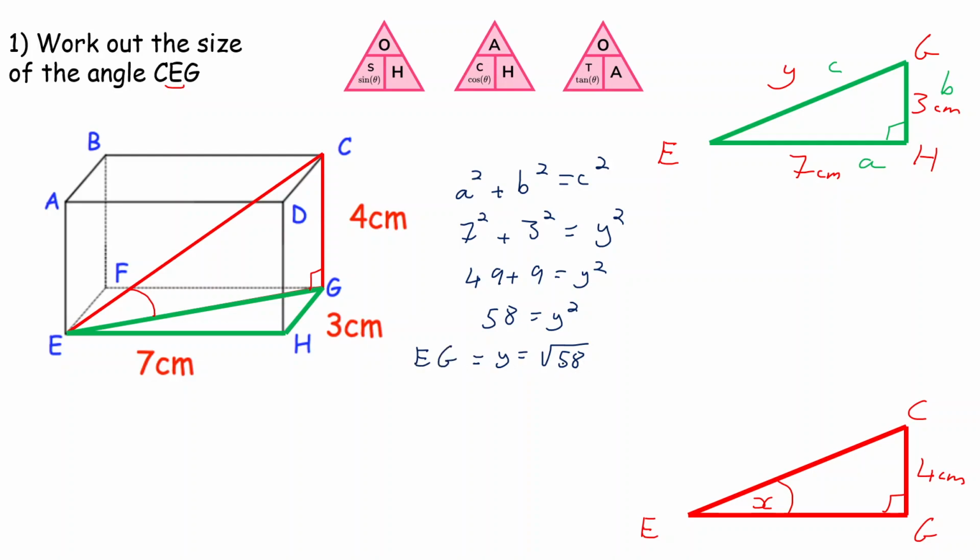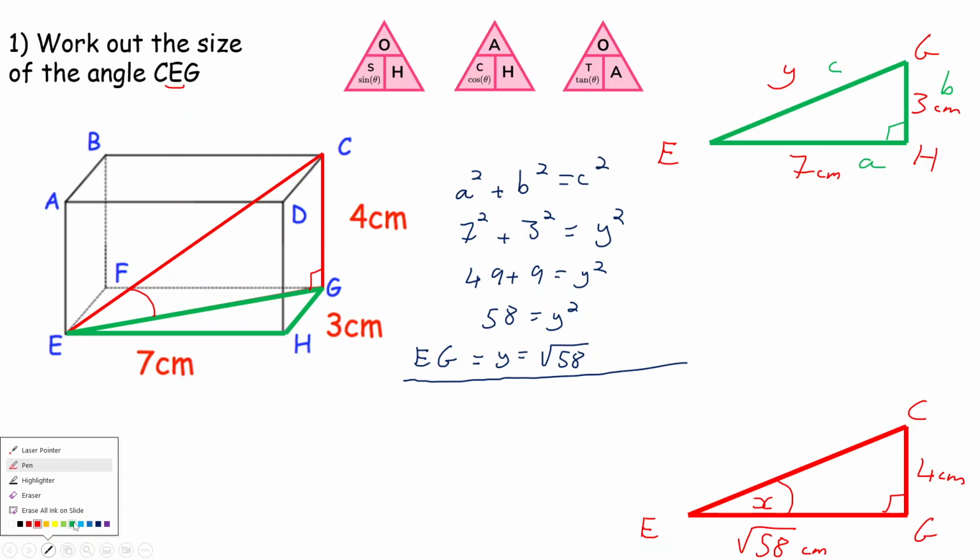What I could do is put this as a decimal. Again, I'm going to leave it as an exact value because you're less likely to get any rounding issues there. So I know that EG is root 58 centimeters. And now this triangle is going to be trigonometry because I've got a missing angle with my opposite side and my adjacent side. So it's going to be the TOA part of this, and I'm trying to find the missing angle.